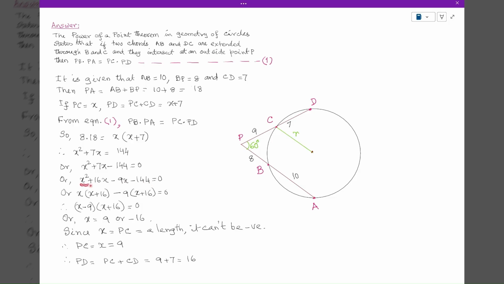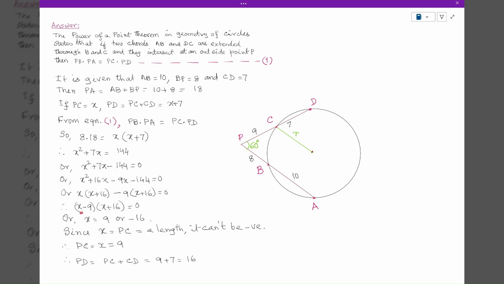If you take x common from these two terms, we get x multiplied by x plus 16, and if you take minus 9 common from the other two terms, we get minus 9 multiplied by x plus 16, that is equal to 0.